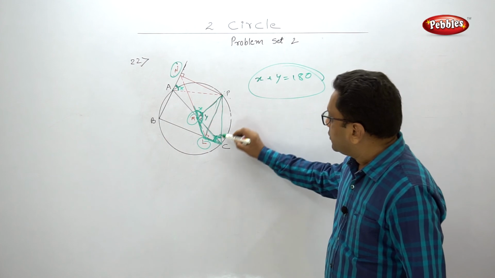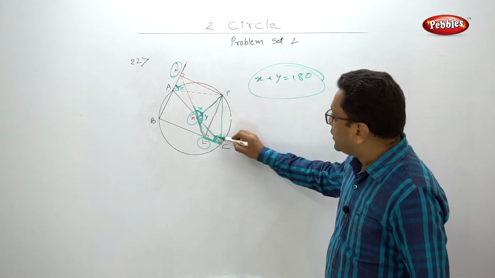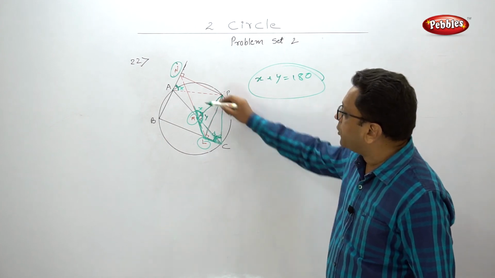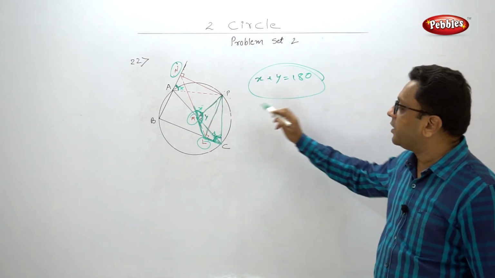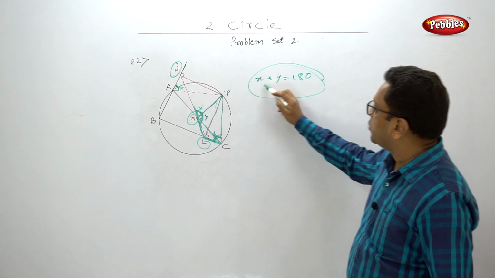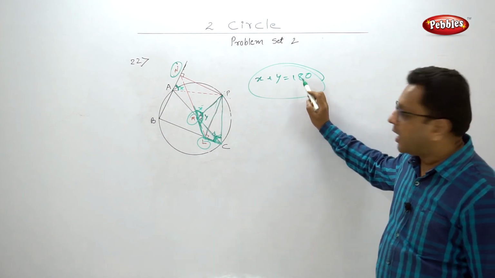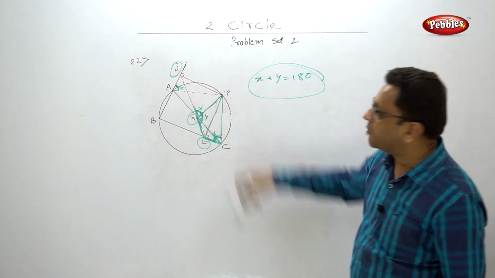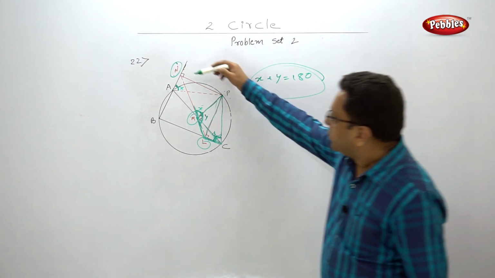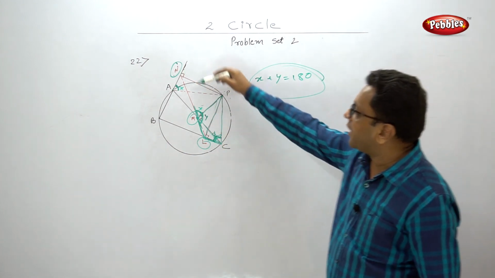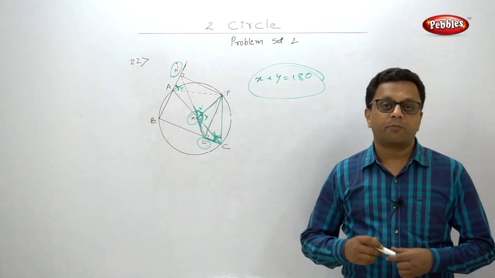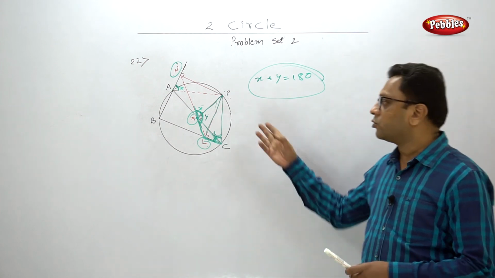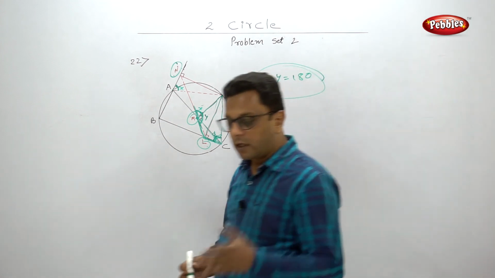And this angle X, which we have already proved equal to this X, X plus Y is equal to 180, and so this X plus Y is also equal to 180. And since those are the angles in a linear pair, this line is a straight line, so N, M and L are collinear points.